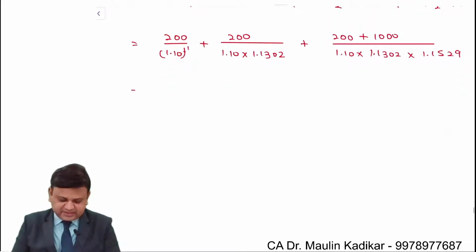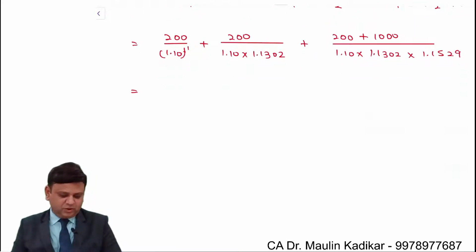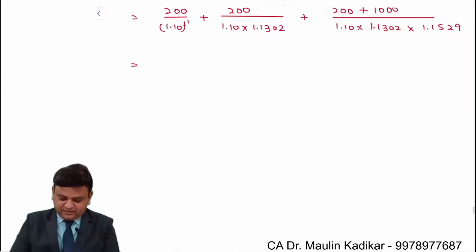So we understand that 200 divided by 1.1, so it is 181.81.